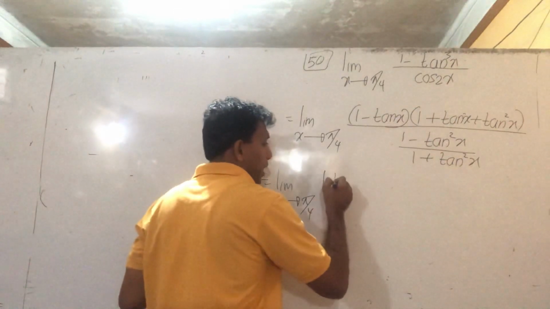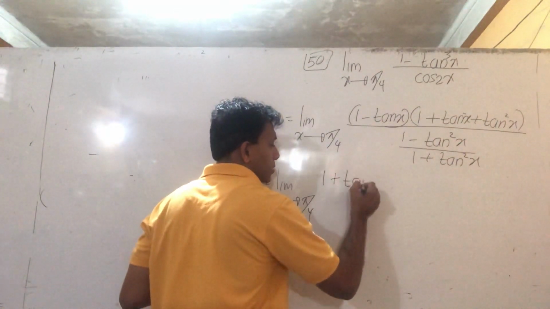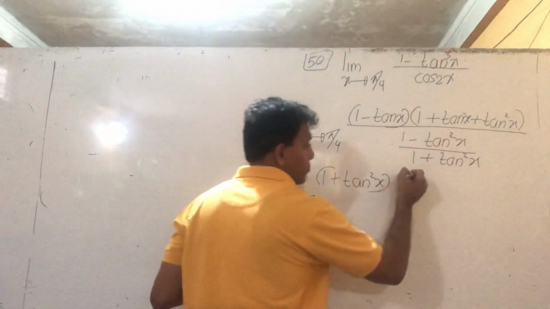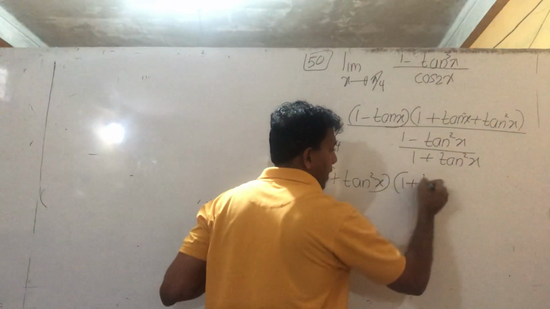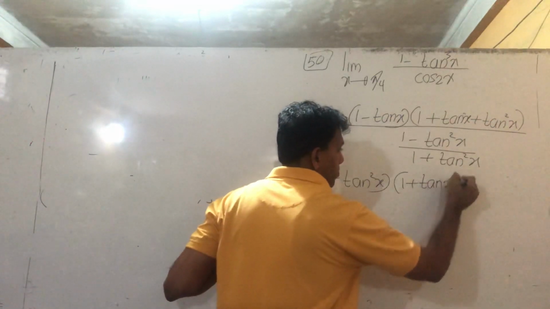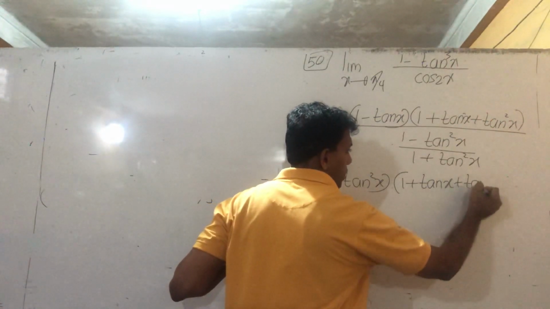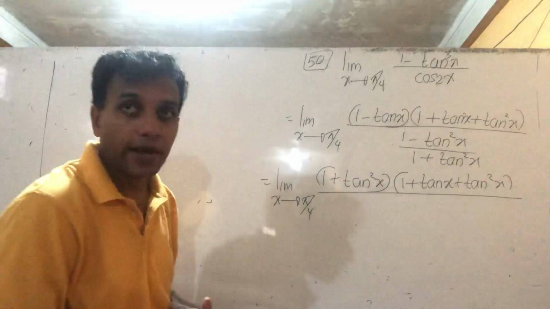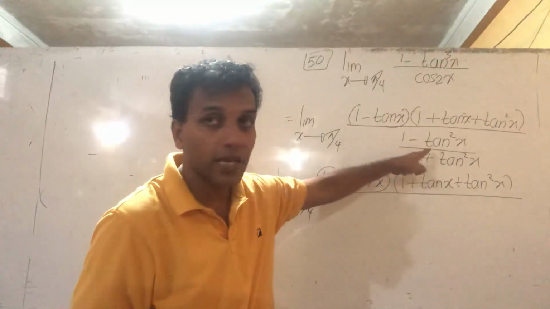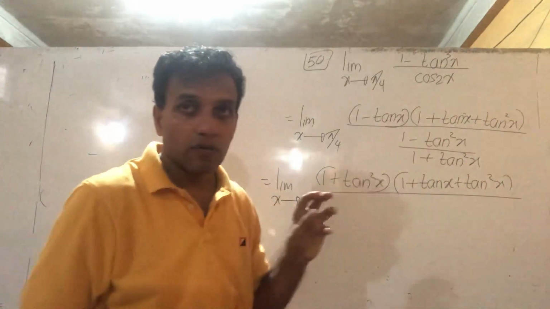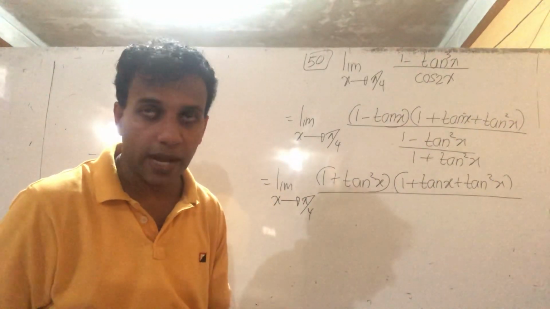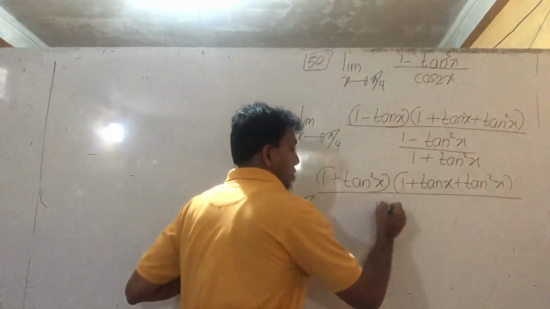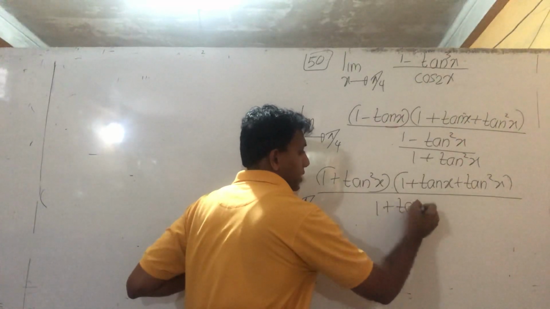Therefore 1 plus tan square x into 1 plus tan x plus tan square x over what? What happened below? Here, if you factorize, 1 minus tan x, 1 plus tan x, the 1 minus tan cancels and 1 plus tan is remaining.